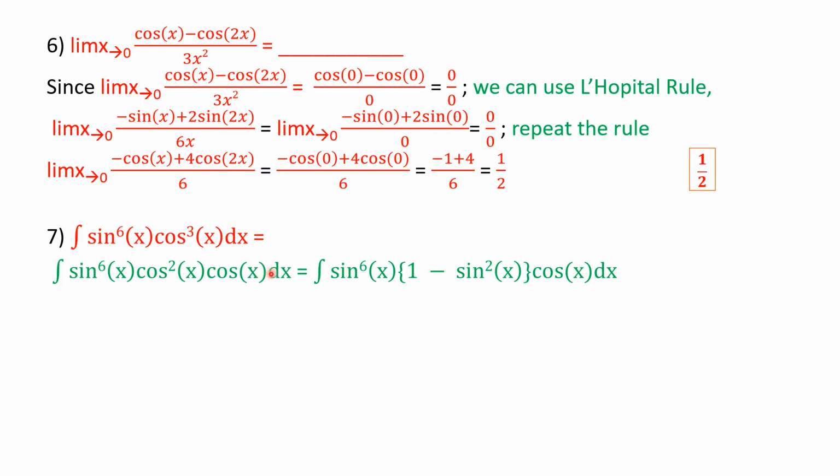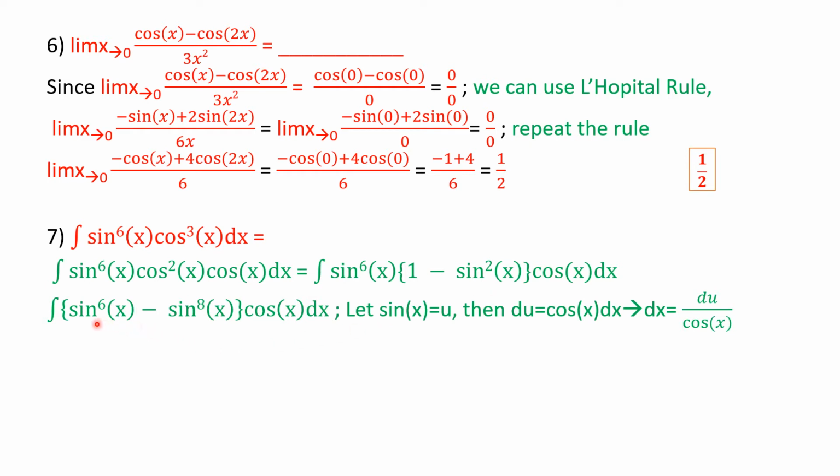We can go further and replace cosine squared of x by its identity. So that's the integral of sine to the power 6 of x, times open parentheses, 1 minus sine squared of x, multiplied by cosine x dx.